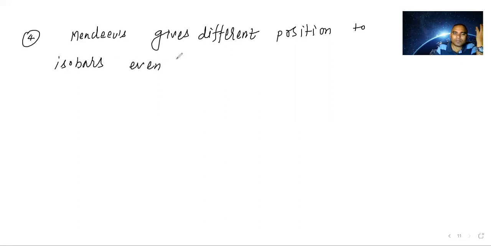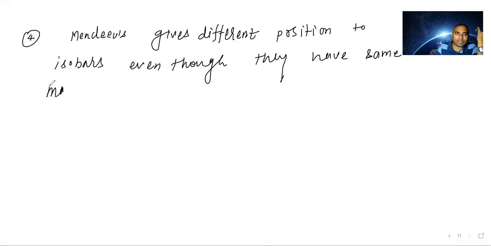Even though they have the same mass. What does the law say? The law says increasing order of mass; we have to arrange the elements in increasing order of mass.